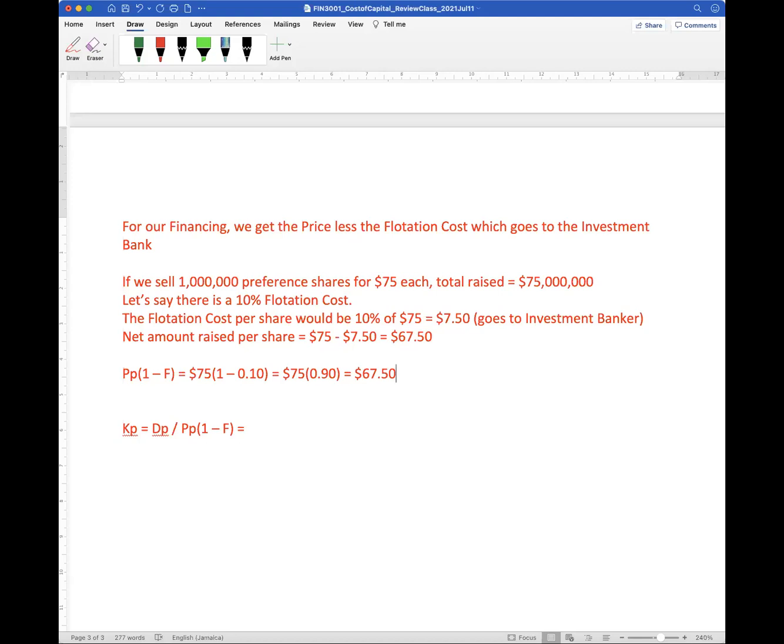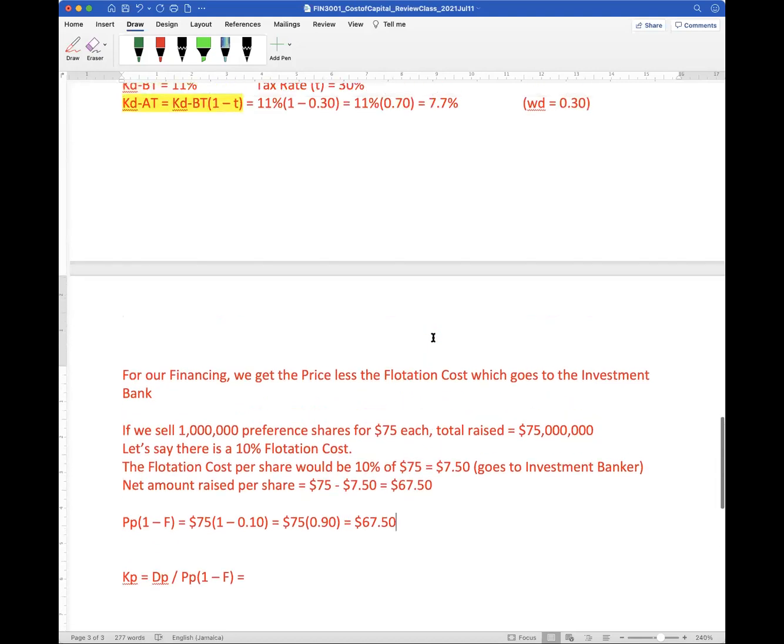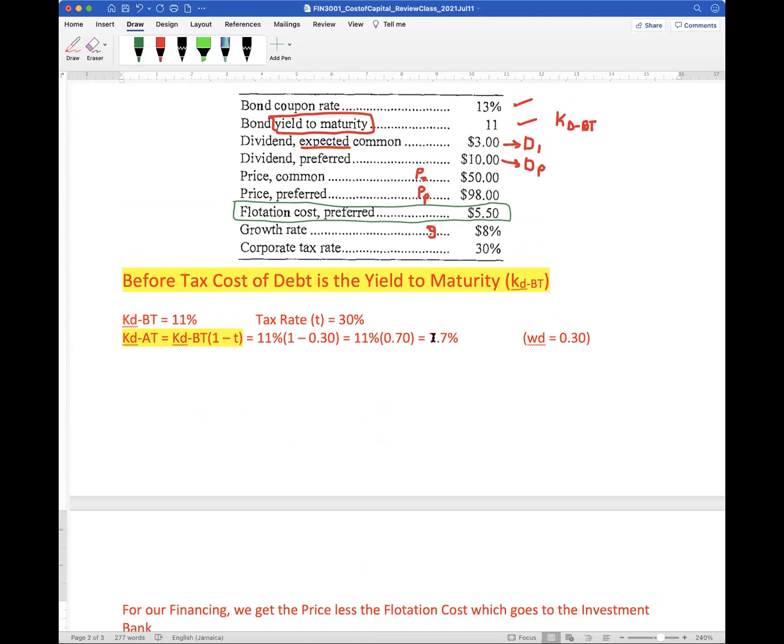Going back to our question now, since we did not get a percentage but a dollar value, it simplifies things a little for us. So going back up to the question, I'm going to put the figures in. Let me copy all of this down: price of preferred stock, flotation cost for preferred stock.